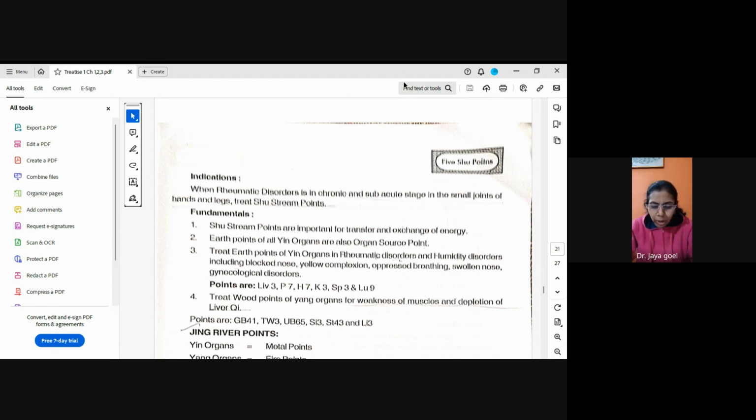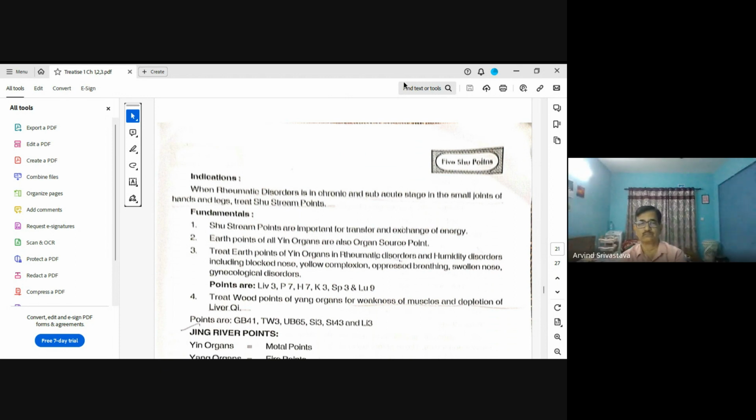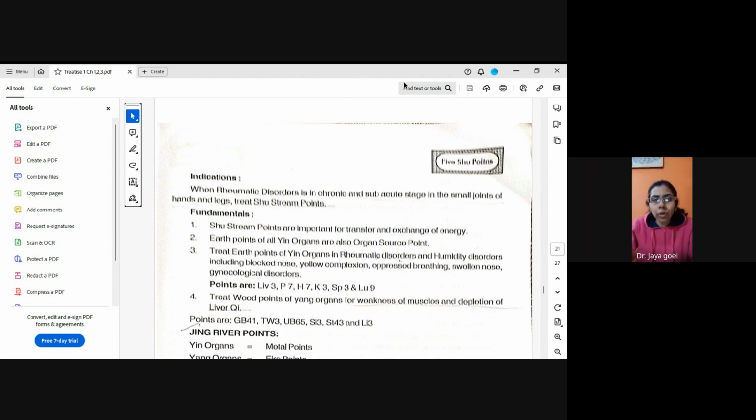Shu stream points are important for the transfer and exchange of energy. The earth point of the yin organ is also the organ source point; which organ source points we will study in the next chapter. The earth point of the yin organ is the organ source point.